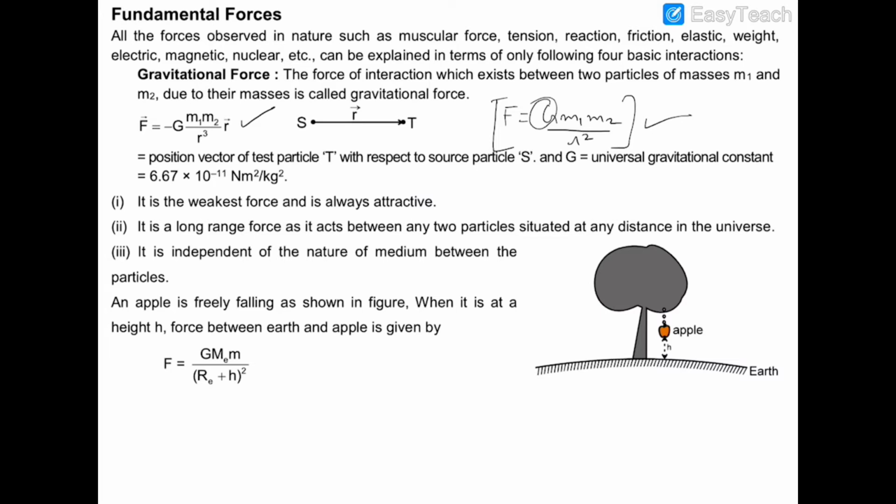If any two masses are placed in vacuum, then they experience a gravitational force F, let's suppose, and if they are kept in water or some other medium, then the gravitational force acting between them at the same distance will be F only. So gravitational force is independent of the medium between the masses.